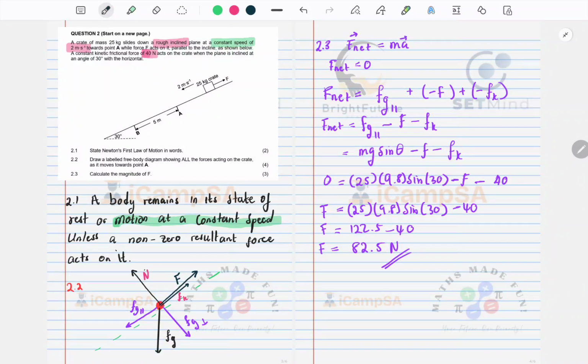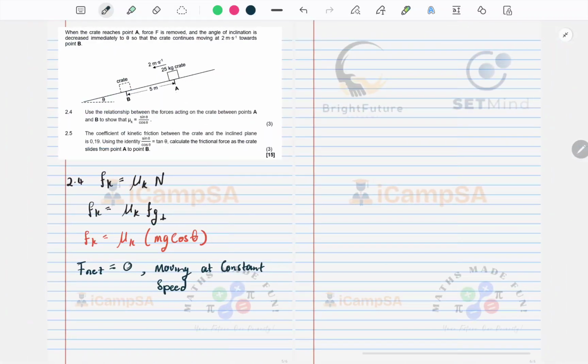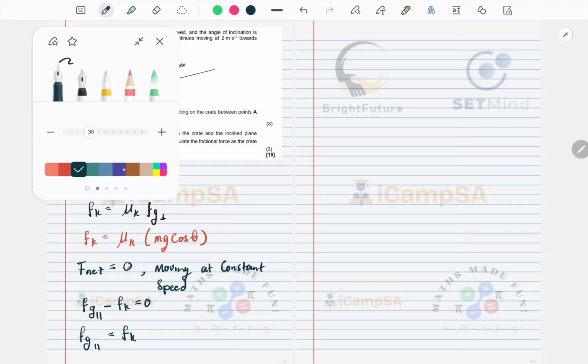These two forces are opposing each other. So that means Fg parallel minus Fk equals 0. Then Fg parallel is equal to Fk like this. Hopefully it makes sense.